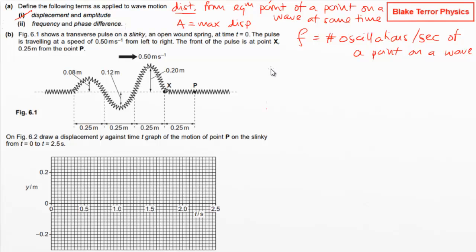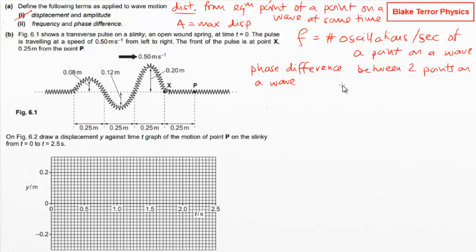Right, phase difference. As soon as you get phase difference, because there's got to be a difference between two things, that's the only way you can get a difference. So you can say a phase difference between 2 points on a wave. So get that in straight away, and that makes it easier to write the rest of the sentence.